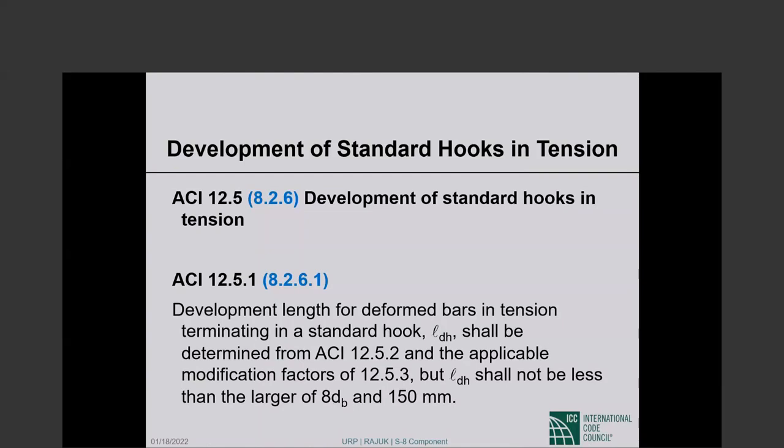Now development of standard hooks in tension. Okay, standard hooks are defined in ACI 318. And we may go into that a little bit on one or two of the slides. Standard hooks as defined in ACI 318. So development length for deformed bars in tension terminating in a standard hook. So we call this L sub DH.